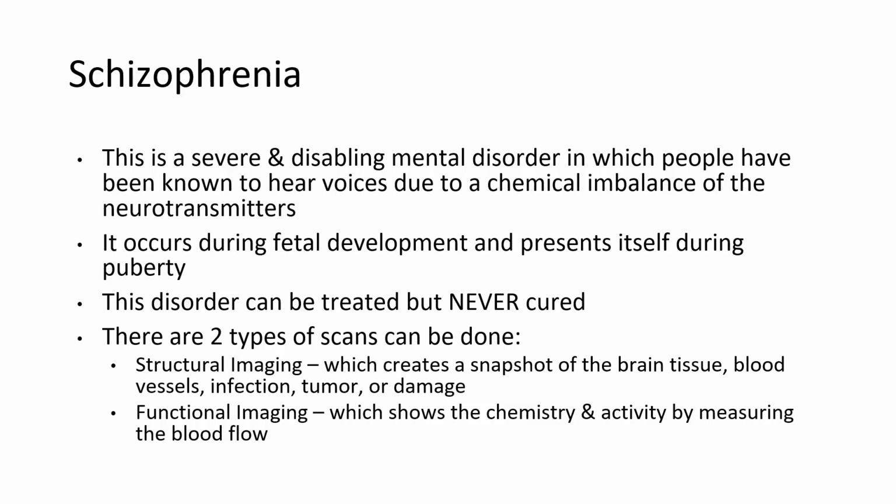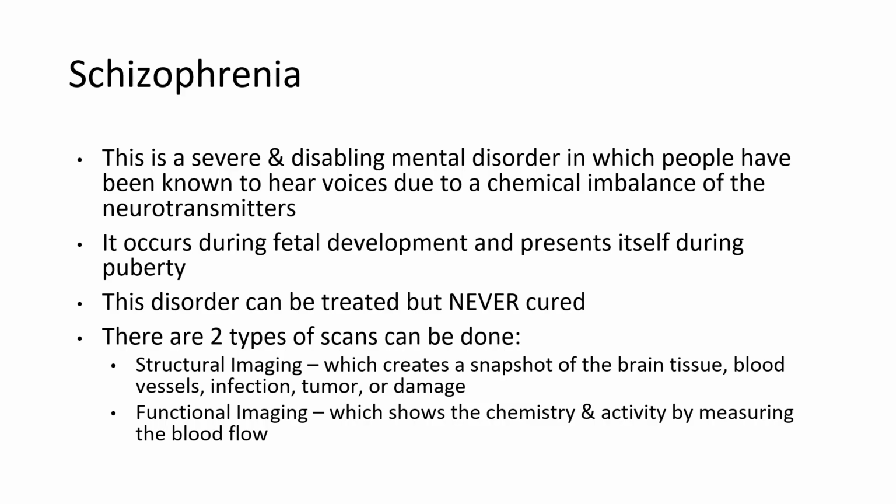So it really is dependent on the area of brain that is affected. So structural imaging like MRI and CT, they're really just there to rule out any other cause, like a tumor or anything like that.